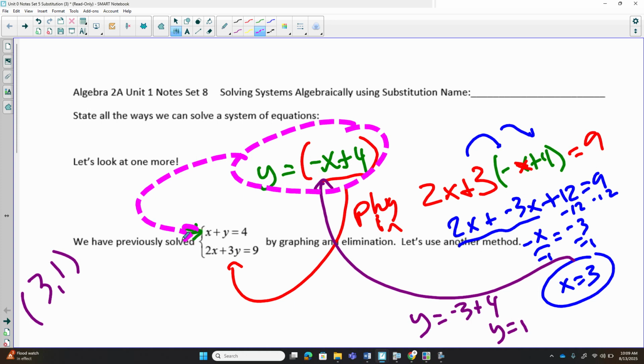All right? Will infinite solutions show up? Yes. It is something that will happen. How do you know if you have infinite solutions? What will happen? Yeah, but what would happen when you're solving it?